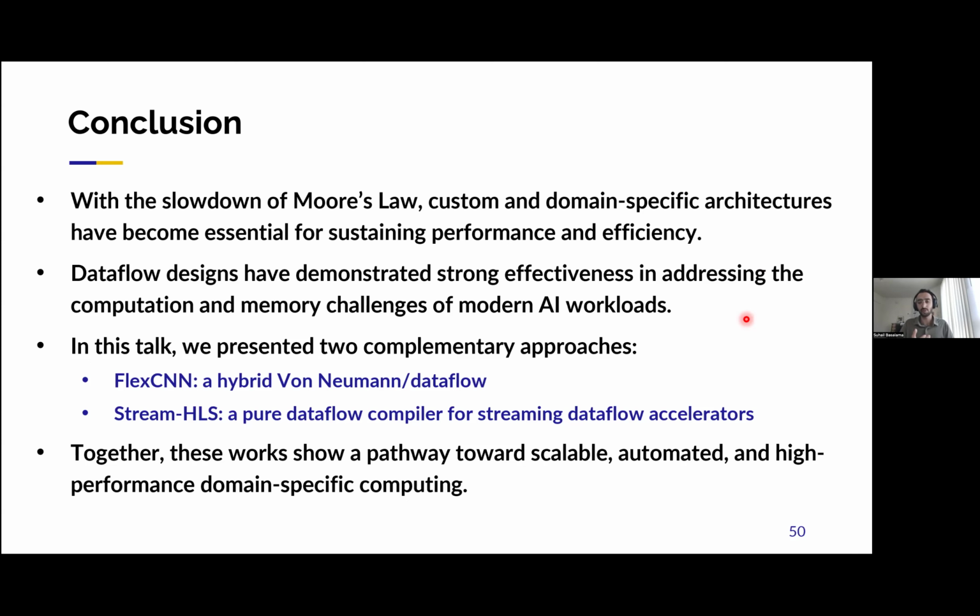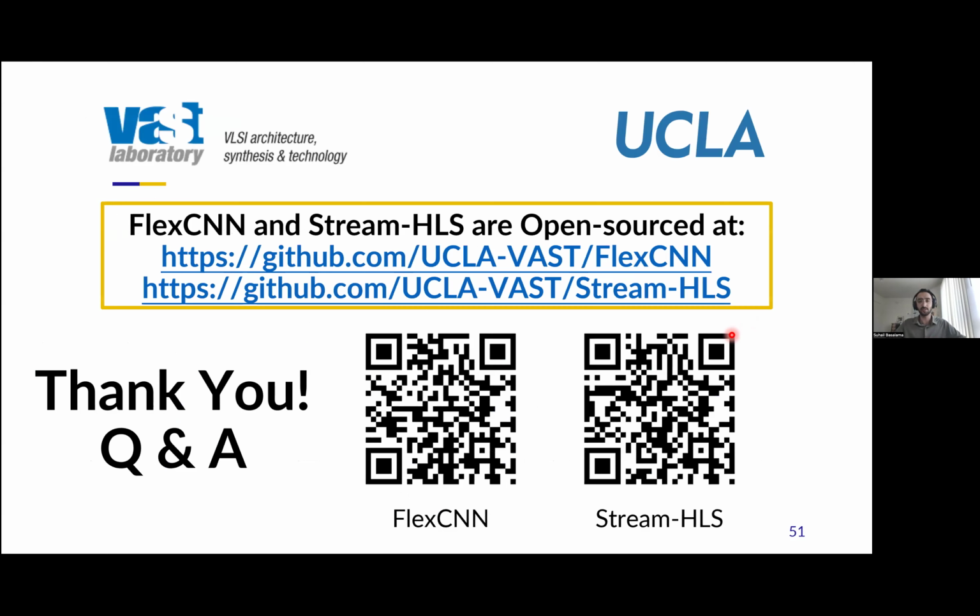So together these works show a pathway towards scalable, automated, high-performance domain-specific computing. And here are the links to our projects if you are interested. And I'm ready for any questions.